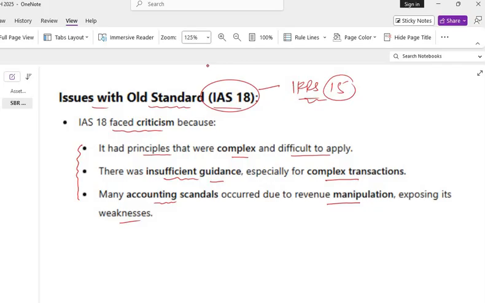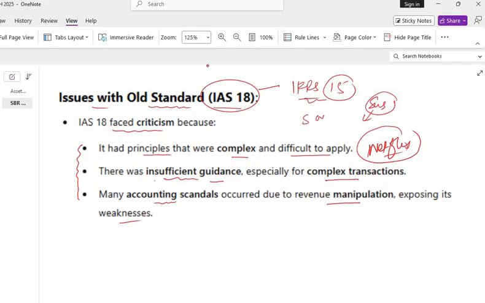The criticism was that it was suitable only for simple sales like a retail store selling products, with a lack of guidance for complex dealings such as subscriptions or bundles. Nowadays Netflix and other companies provide subscription services for the year, and you have to recognize the subscription revenue over the period.